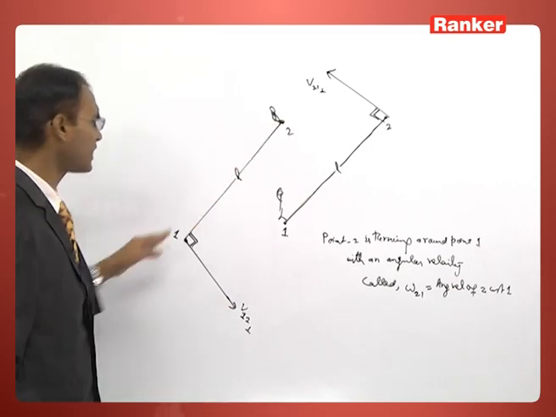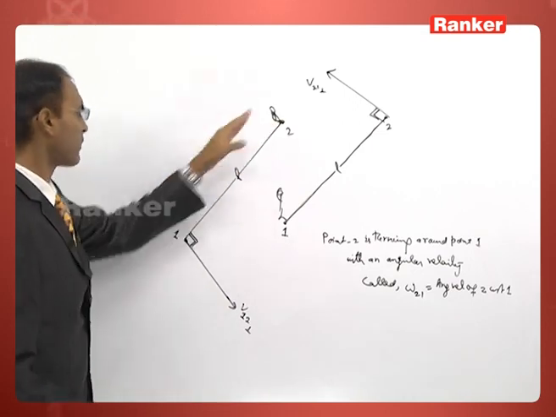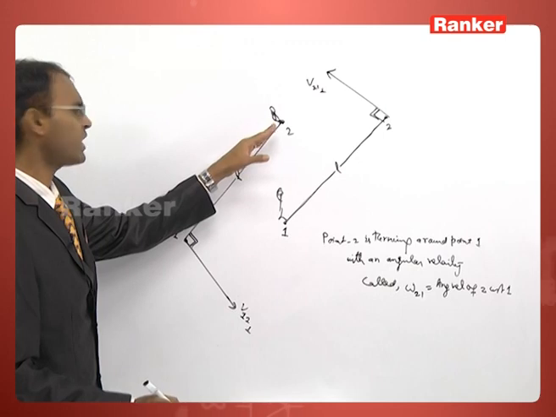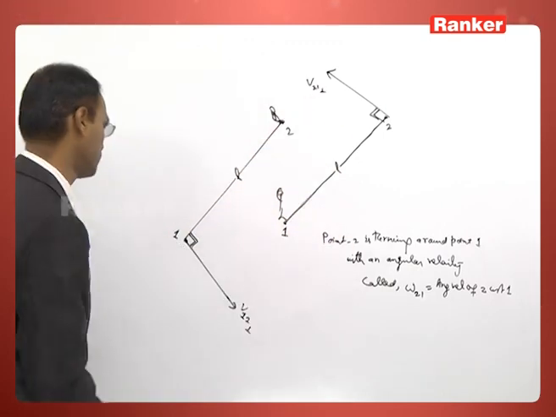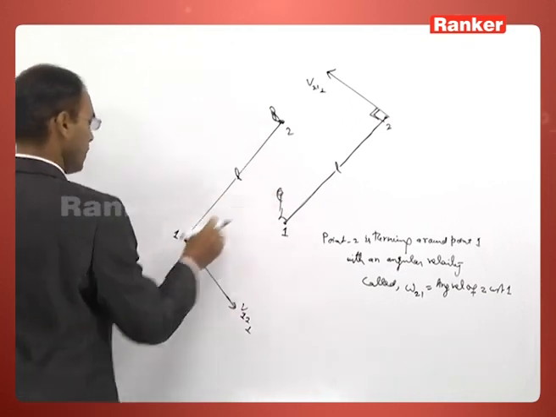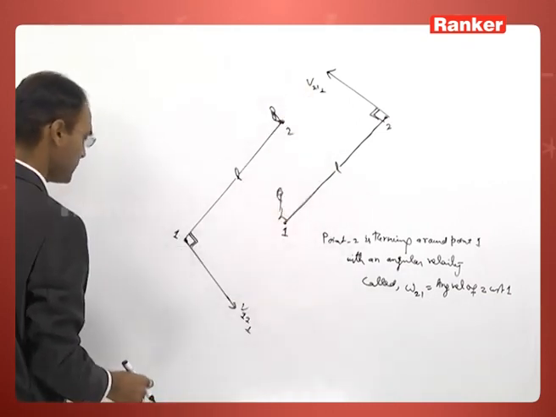We are not considering the component or the projection of the relative velocity between these two particles along the line of separation. We don't want that now. We are concerned with this perpendicular component of the relative velocity.